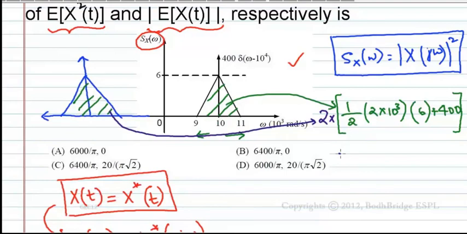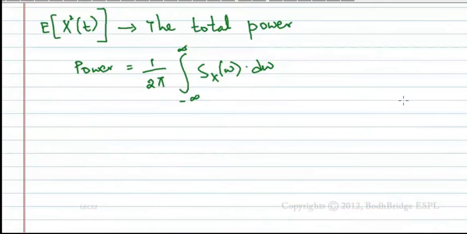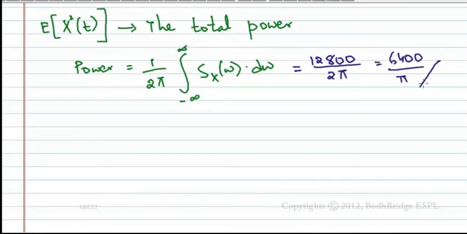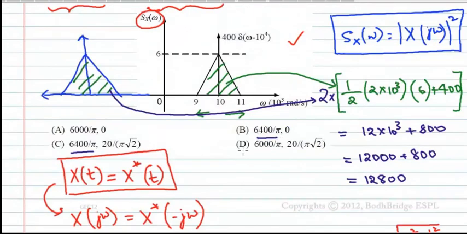Therefore, this is equal to 12 into 10 power 3 plus 800, that is 12800. Therefore, this is 12800 by 2 pi, that is 6400 by pi. This is the total power. That is A or B.